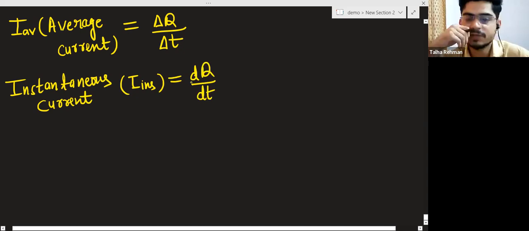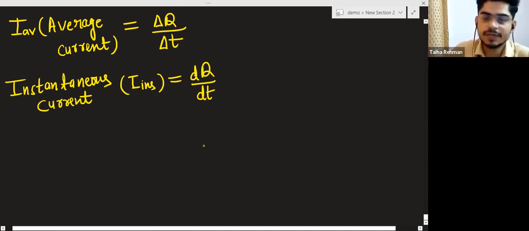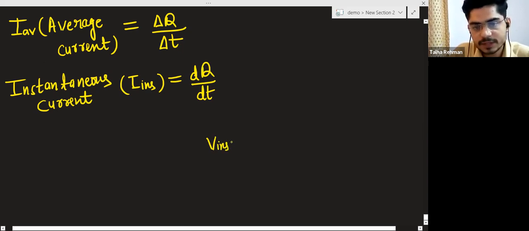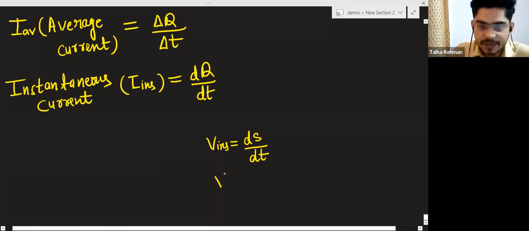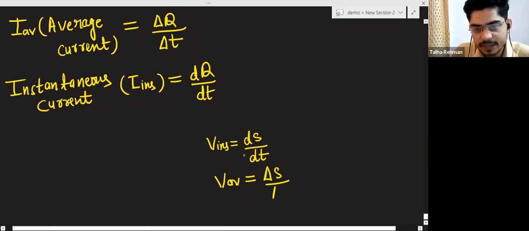You can compare this with the velocity also. Like in case of velocity or speed, if we calculate the instantaneous speed, so instantaneous speed is distance ds by dt in 11th class. And if we calculate the average velocity, then we write delta s by delta t.